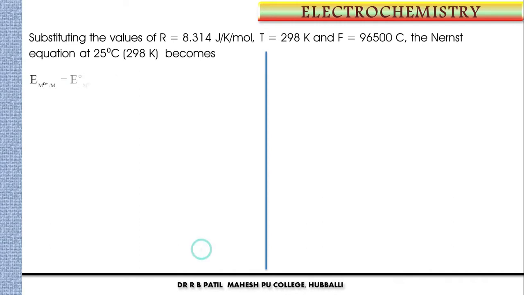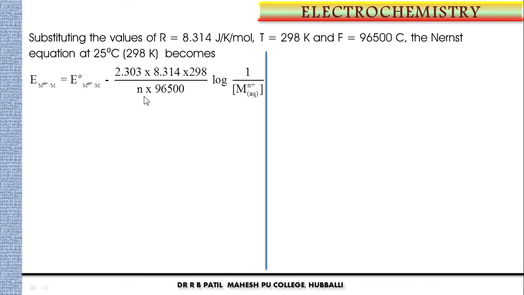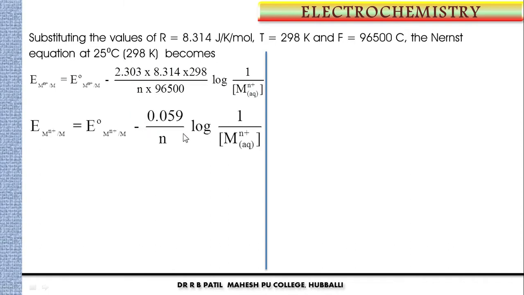If I substitute the values, 2.303 times R value 8.314 times temperature 298 Kelvin, divided by the number of electrons gained or lost in the chemical reaction, n, times 96,500, when I solve this it comes to 0.059. This is the formula that you need to remember, students. In exams they generally ask questions at 25 degrees Celsius or 298 Kelvin.